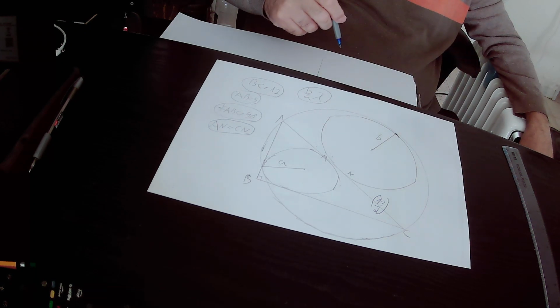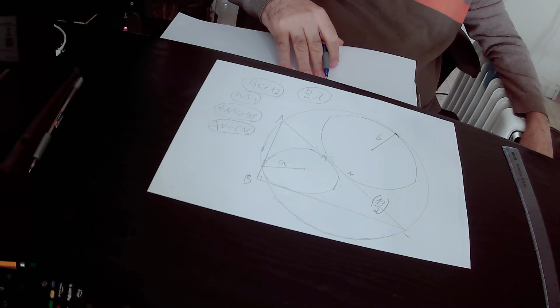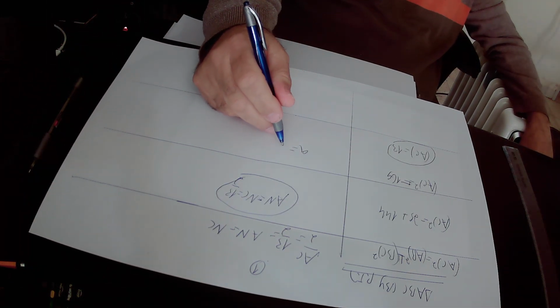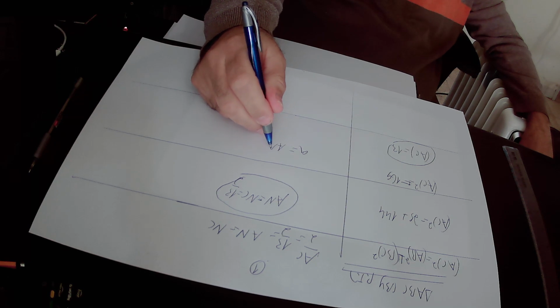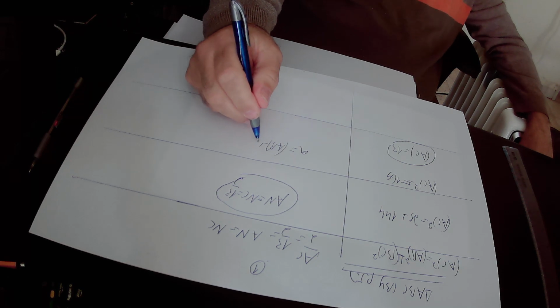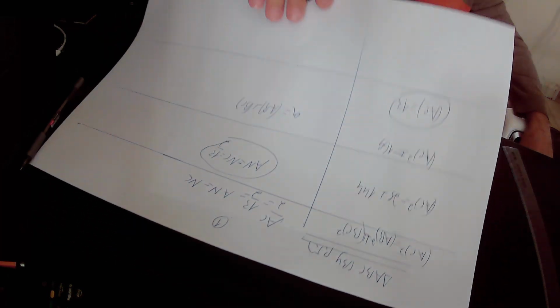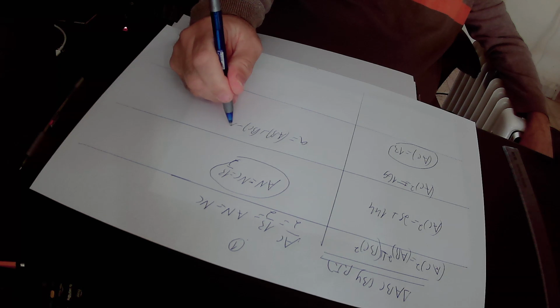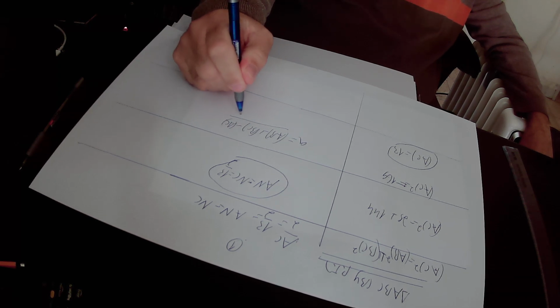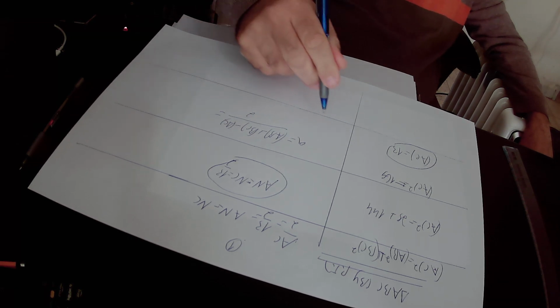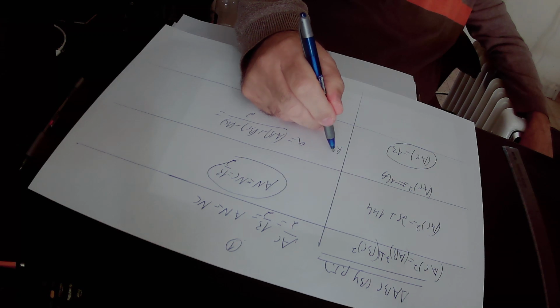So I write it down. The radius of the small circle will be equal to AB plus BC minus the hypotenuse AC over 2. This is according to rule number 8.